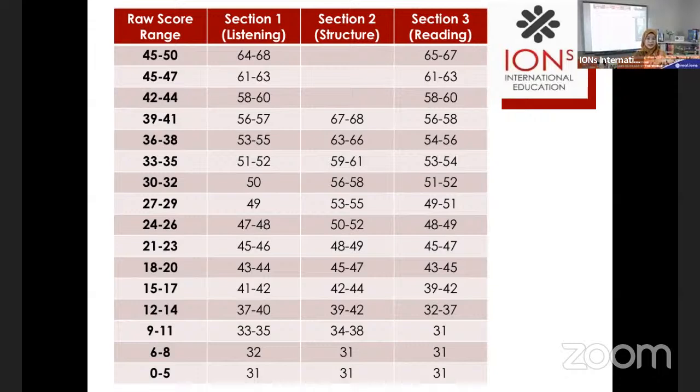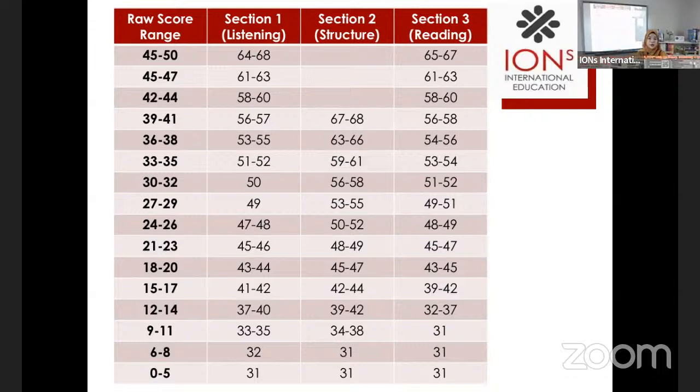Jadi section 1, section 2, and section 3 itu nanti ada conversion-nya sendiri. Ada converted score-nya tersendiri begitu. Oke, nanti jadi teman-teman bisa menghitung ya. You can search it from Google or you can also search it from the official website of ETS. Di sana juga ada teman-teman.